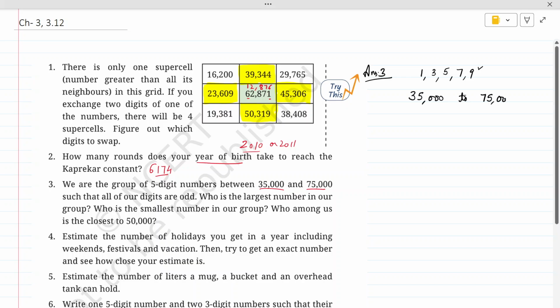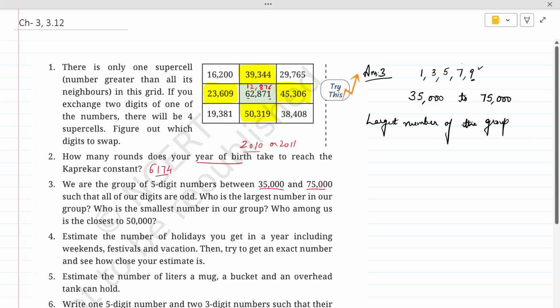I cannot make any 5-digit number which starts with 9, because then that number will be out of the range. It will be greater than 75,000. So we will pick the next highest digit to find the largest number.